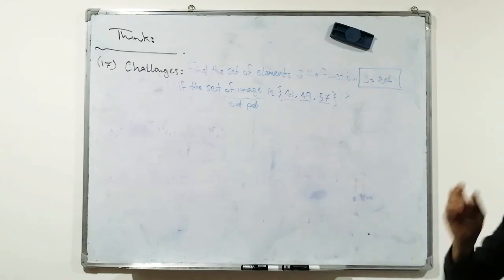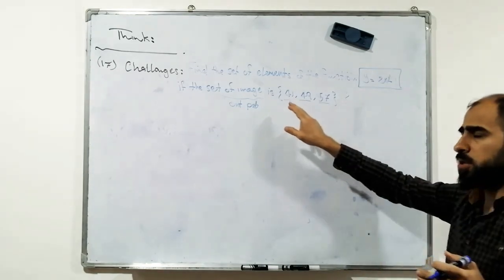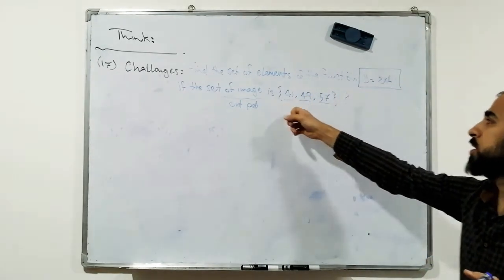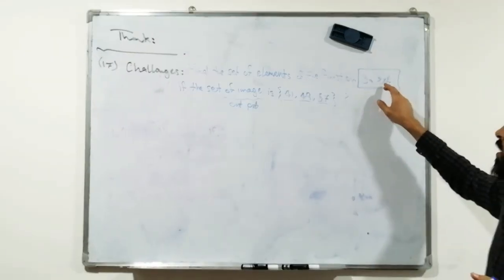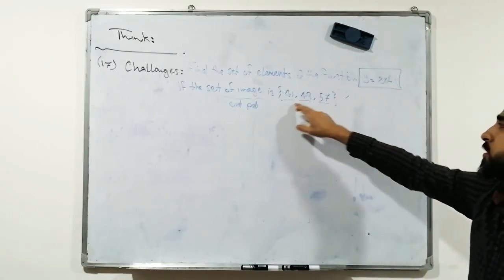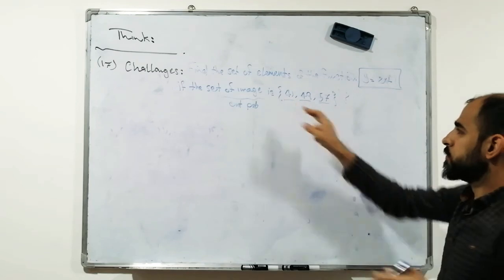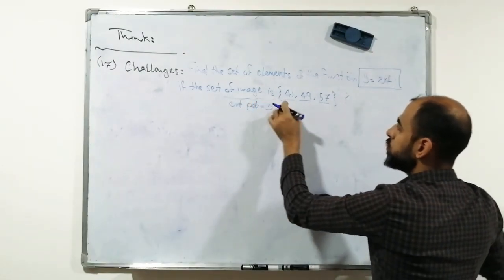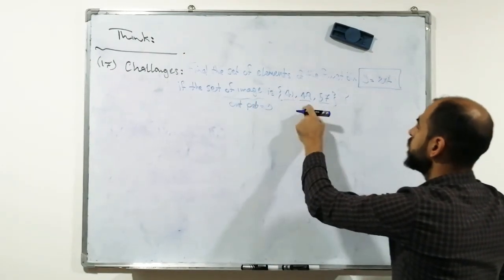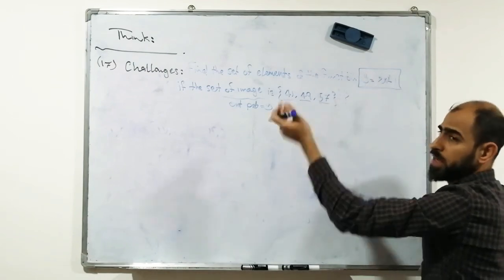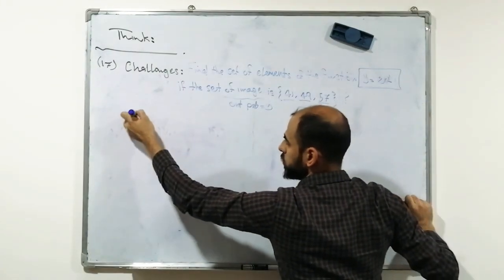So to find the input value, we have to substitute each one of the outputs, not instead of x. The output represents y. So we have to substitute each one of the output values instead of y to find x. So the solution will be like this.